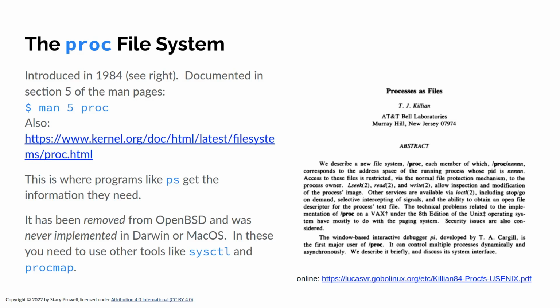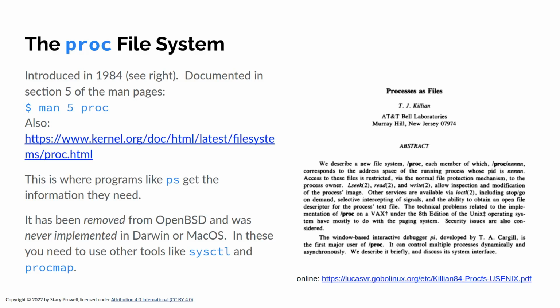In fact, the ps command, the process command on Linux, gets its information from the proc file system, just because that's the quickest, easiest way to get it. It's documented in section 5 of the man pages, so man 5 proc will tell you about it. And there is, of course, kernel.org documentation on it at that link.